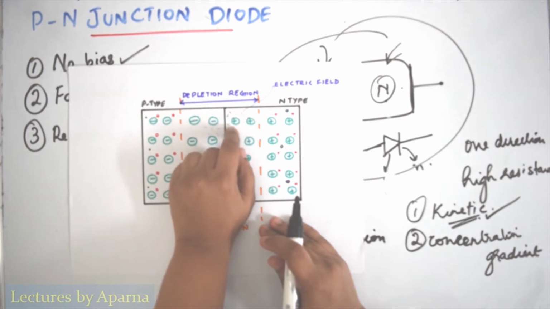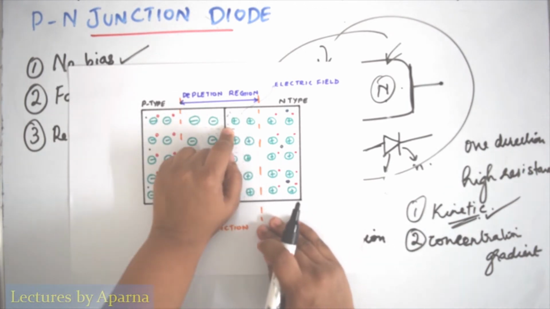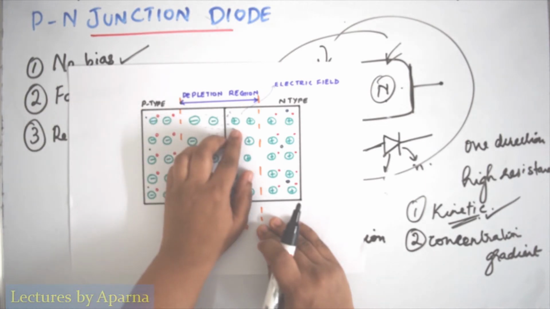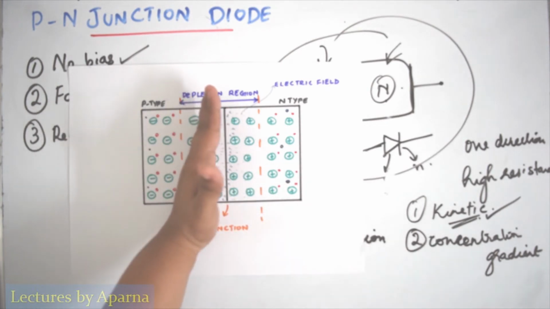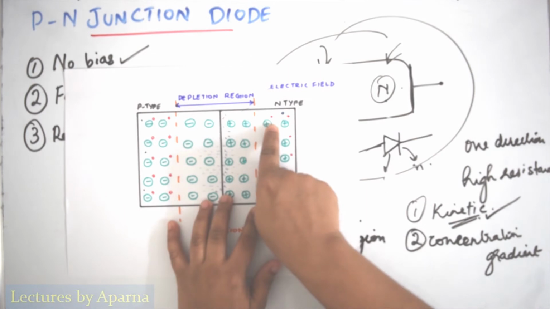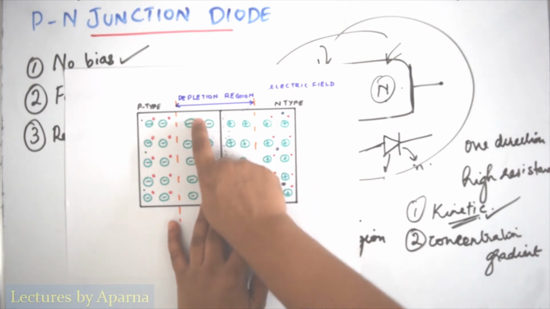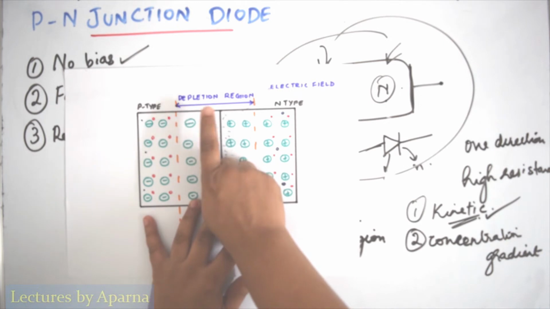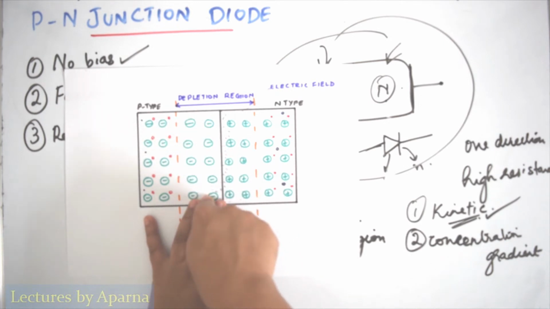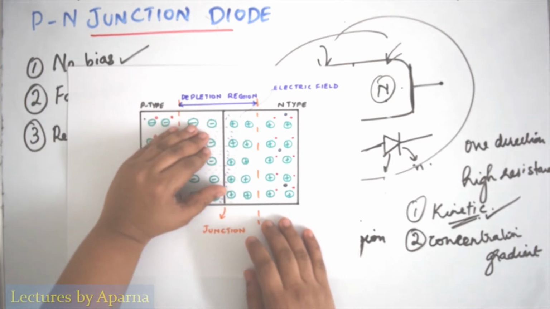Okay, so these positive ions will be left uncompensated. Similarly on this side also, electrons will cross this junction and recombine with the holes of these ions. As a result, these negative ions will be uncompensated and they will be there.